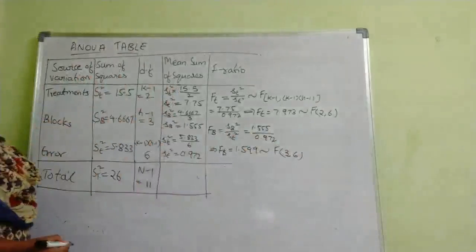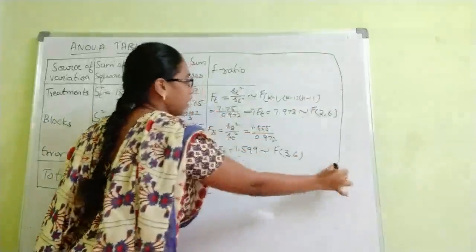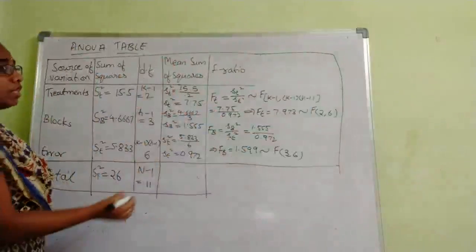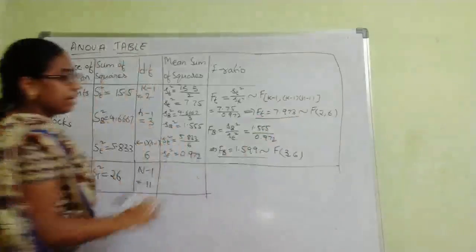So this is the F calculated value. Now check out the F table values for this. This is the FT calculated value and this is the FB calculated value.